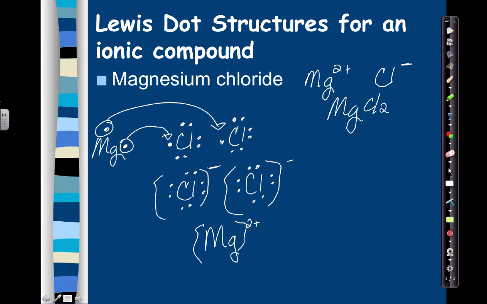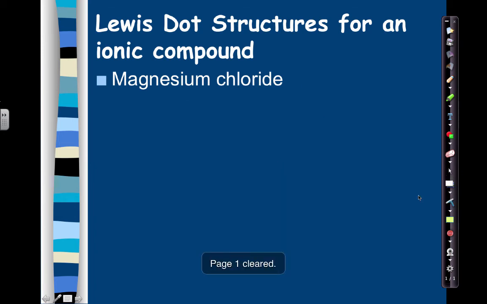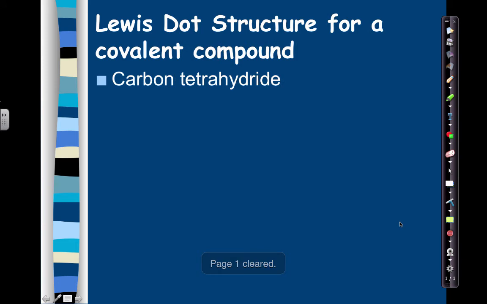All right, so let's look at something covalently bonded. Okay, carbon tetrahydride. All right, so carbon tetra, if I see the prefix, I just go with the prefix. So carbon would have 1 atom, tetra would be 4. All right, so now I'm going to look at each individual atom.